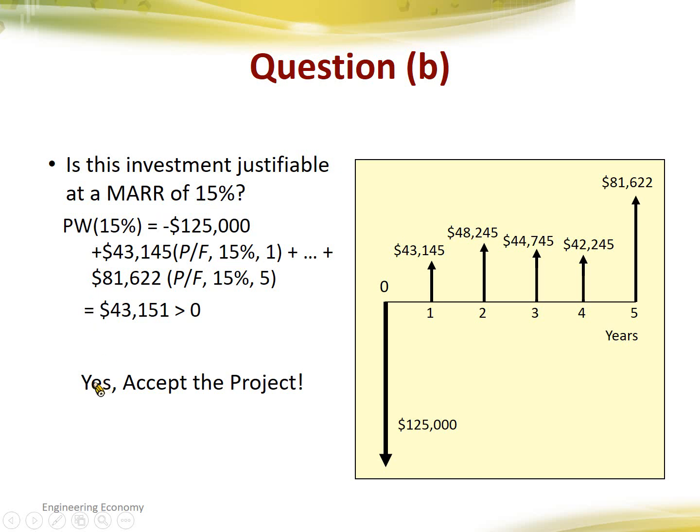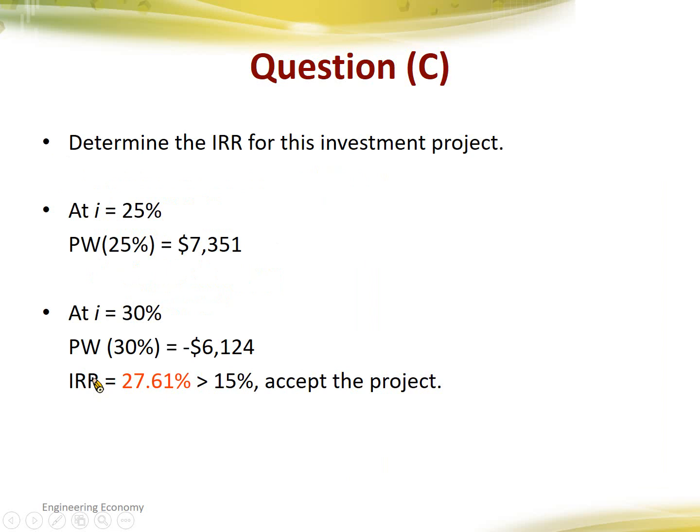Then if we continue to increase the MARR, it will become negative, which means that it will not generate that kind of return. So that brings us to the third question, that is, what is the rate of return for this project? I have already described that when MARR is 15%, it's a big positive number. Even if we increase it to 25%, it is still a positive number.